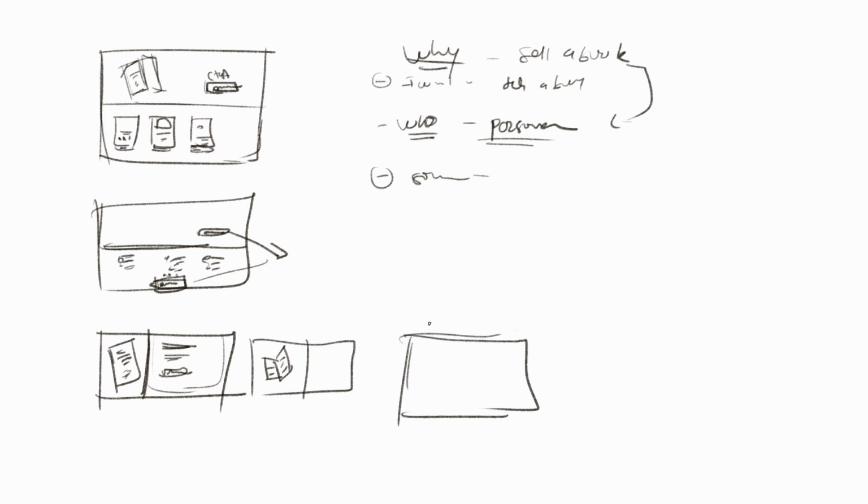Be loose, don't try to have these straight lines. Be loose as much as possible, because when you start being loose, you keep a thought process flowing in your brain and you keep ideating.